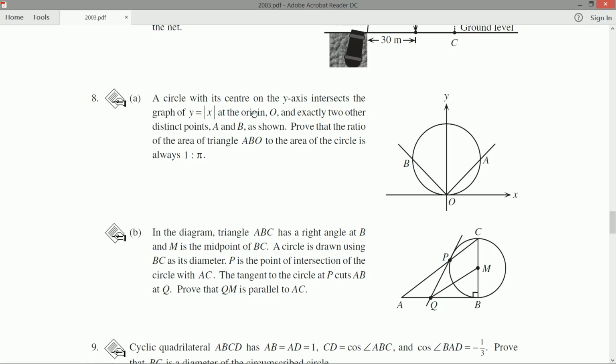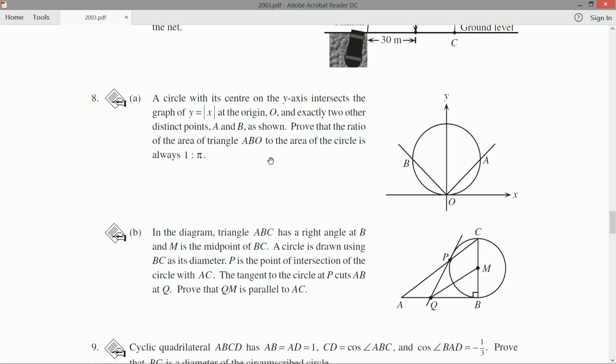So it intersects at the origin and exactly two other distinct points, A and B, as shown. Prove that the ratio of the area of the triangle ABO to the area of the circle is always 1 to pi. Okay.